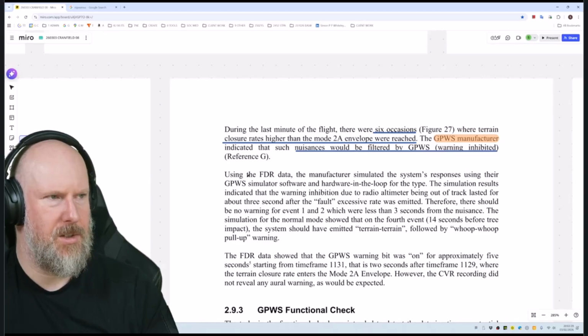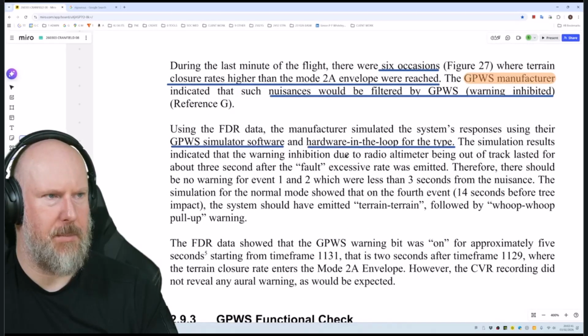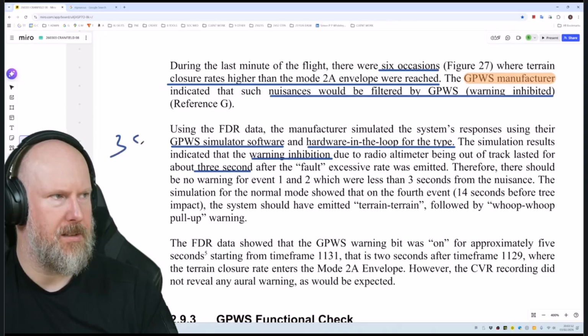Using the FDR data, the manufacturer simulated the system's responses using their GPWS simulator software and hardware in the loop for the type. The simulation results indicated that the warning inhibition due to radio altimeter being out of track lasted for about 3 seconds.